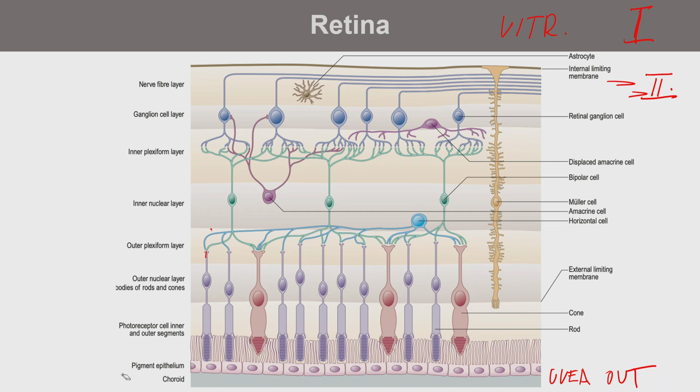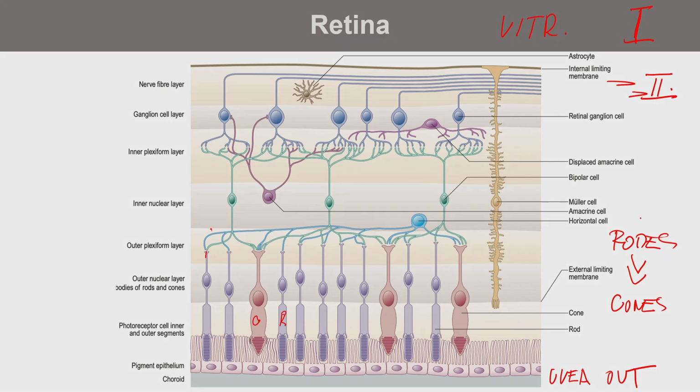So we have two kinds of photoreceptors. We have small rods, and rods are more numerous than cones. So also on this image, this is a cone and this is a rod.